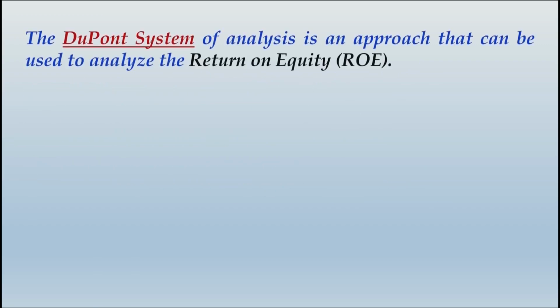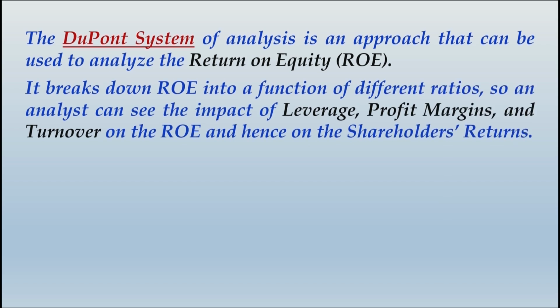The DuPont system of analysis is an approach that can be used to analyze the return on equity. It breaks down ROE, that is return on equity, into a function of different ratios, so an analyst can see the impact of leverage, profit margins and turnover on the return on equity and hence on the shareholders' returns.